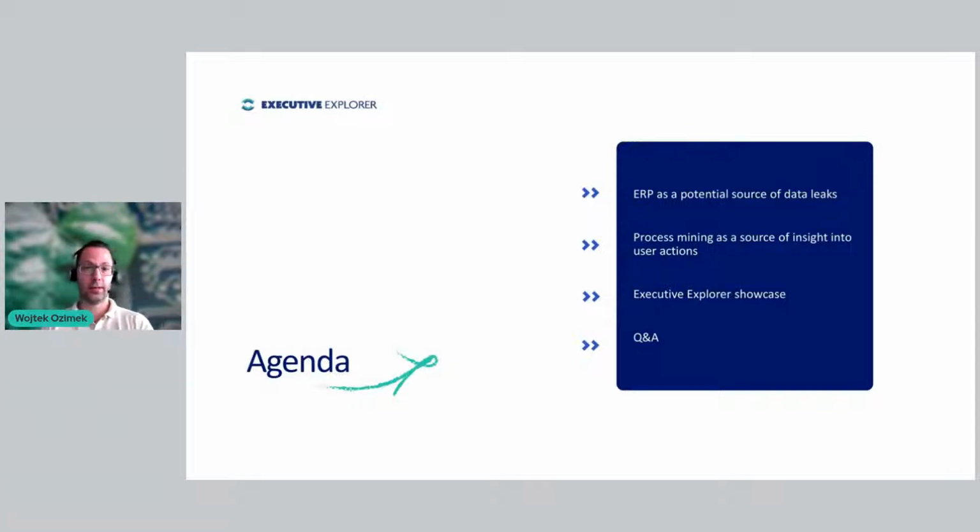Secondly, we'll talk about process mining as a source of insight into user actions, so a potential solution and remedy for those issues related to data protection. And I will at the end briefly show you the tool itself. So we'll actually see how the process mining tool, which is Executive Explorer, our application, could potentially help you with securing those issues.